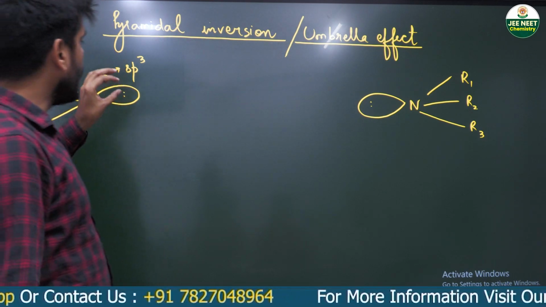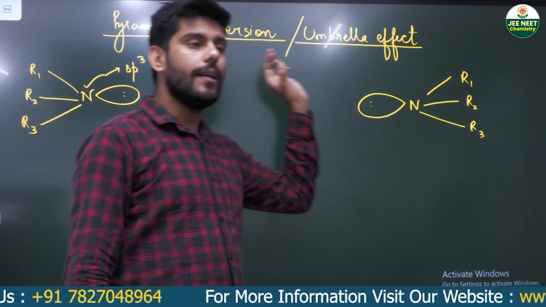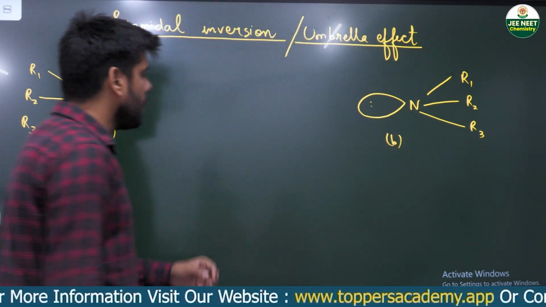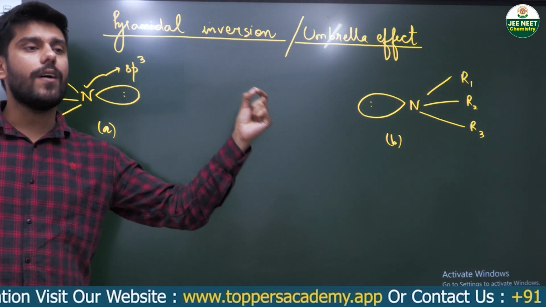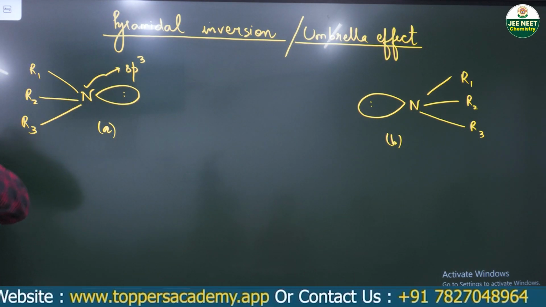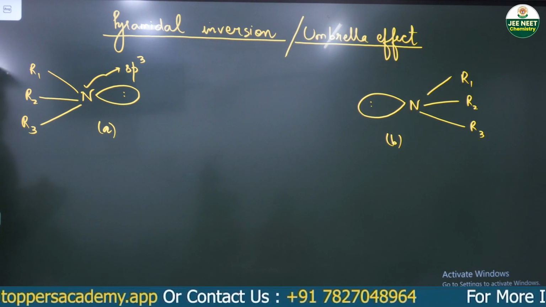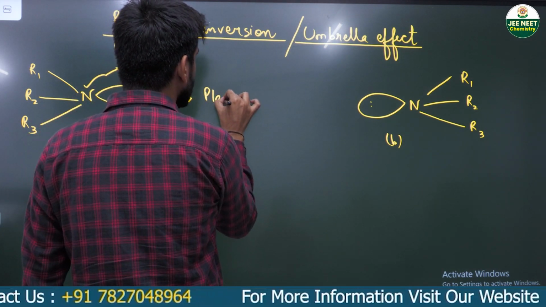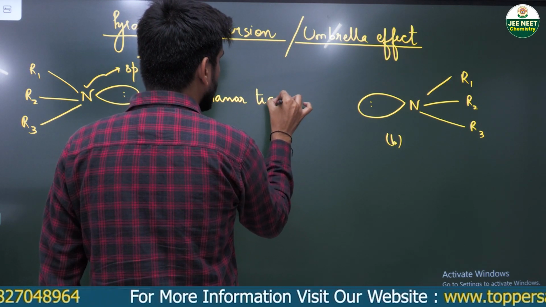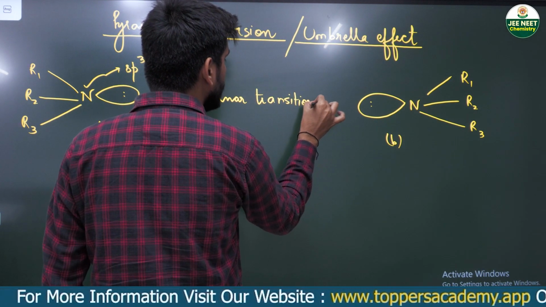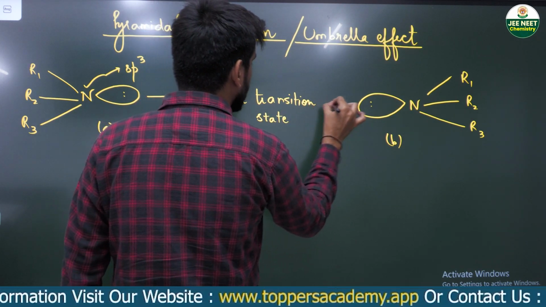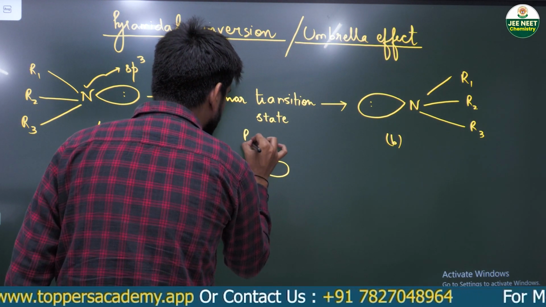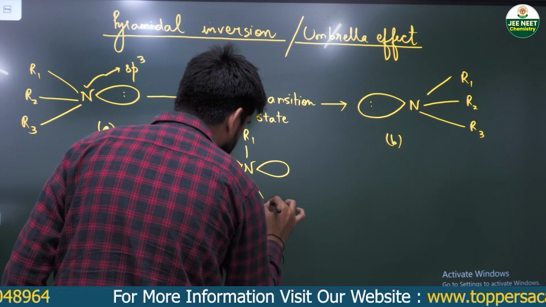But you know, one enantiomeric form goes into the other. Suppose this is A and this is B. So A, while going to B, proceeds via a transition state which is planar. When I say planar transition state, that means I have something like this, R1, R2 and R3.